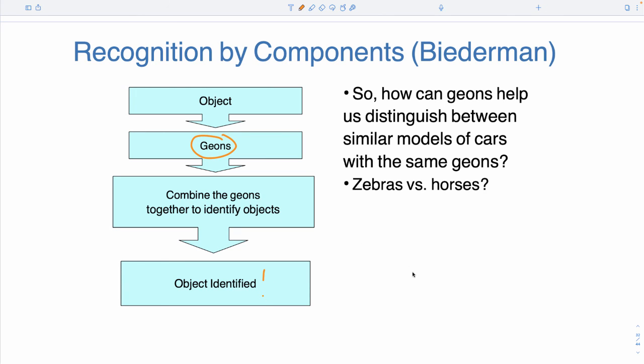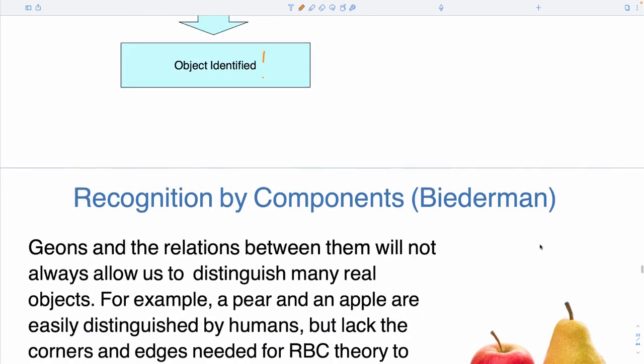But how can geons help us distinguish between similar models of cars, for example, that might all have very similar shape, might have all the same geons, or two different animals like a zebra and a horse that have pretty much the same geons as well? Oh, it does not do well with that, right? It does not do a good job in that sense.